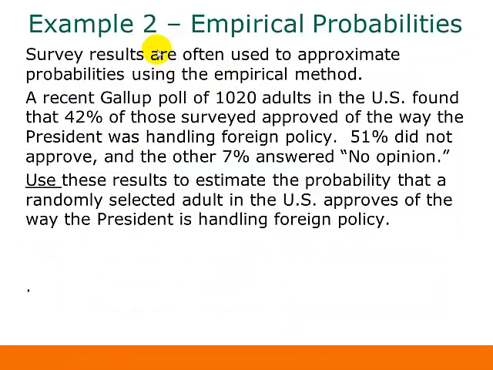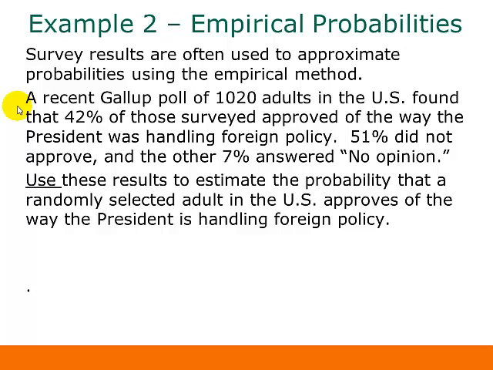Here's another example. Survey results are often used to approximate probabilities using this empirical method. We have a recent Gallup poll of 1,020 adults in the United States that found that 42% of those surveyed approved of the way the president was handling foreign policy. 51% did not answer no opinion.